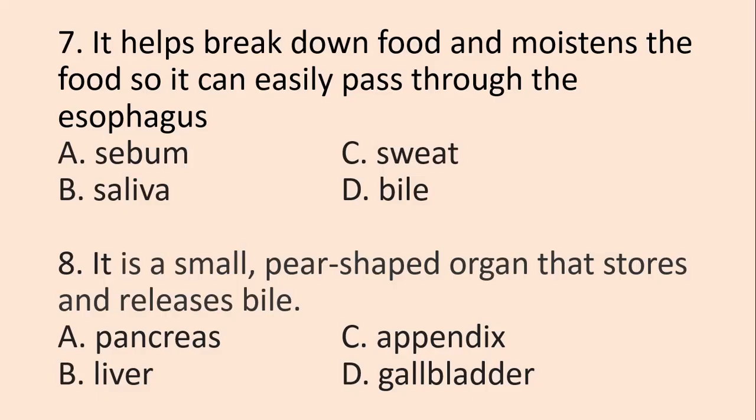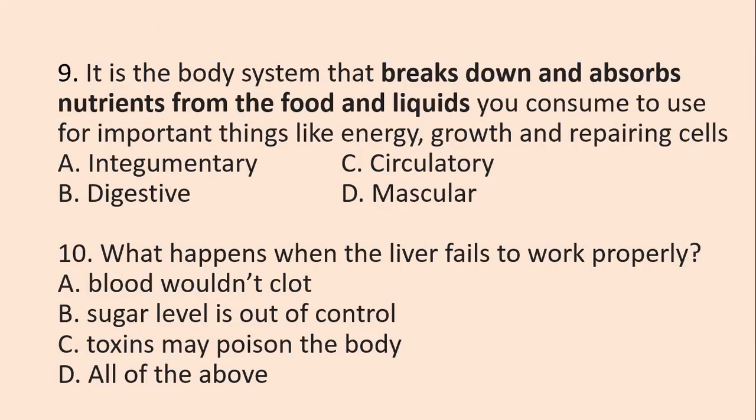Or D, gallbladder. 9, it is the body system that breaks down and absorbs nutrients from the food and liquids you consume to use for important things like energy, growth, and repairing cells. A, integumentary. B, digestive. C, circulatory. Or D, muscular. And 10, what happens when the liver fails to work properly? A, blood wouldn't clot. B, sugar levels out of control. C, toxins may poison the body. Or D, all of the above.